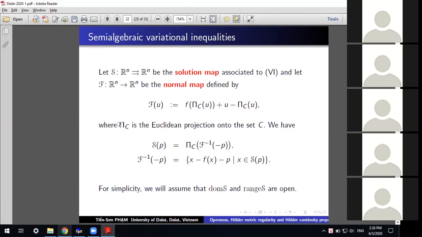Then we have the following relationships, the first and the second. This is well known. In the following, for simplicity, we suppose that the domain and range of F and the domain and range of S are open sets.